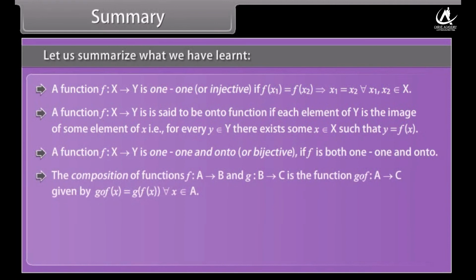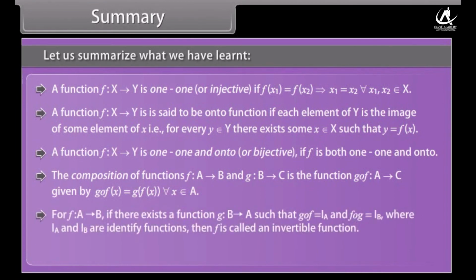The composition of functions f from A to B and g from B to C is the function g o f from A to C given by g o f of x equals g of f of x for each x belongs to A. For function f from A to B, if there exists a function g from B to A such that g o f equals I_A and f o g equals I_B, where I_A and I_B are identity functions, then f is called an invertible function.